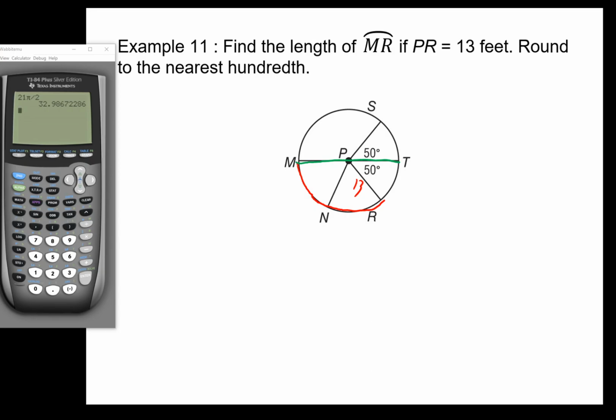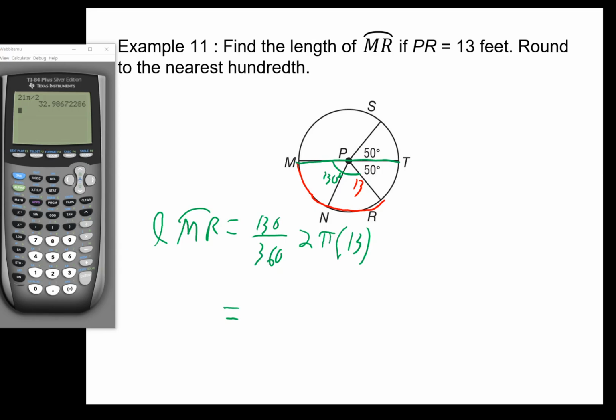So since angle TPR is 50 degrees, that means that angle MPR is 130 degrees. Therefore, I can go ahead and set my equation up. The length of arc MR is equal to 130 over 360 times 2 times pi times 13.